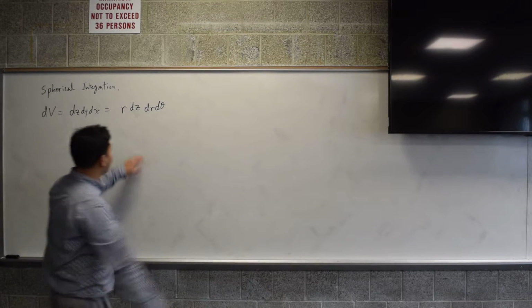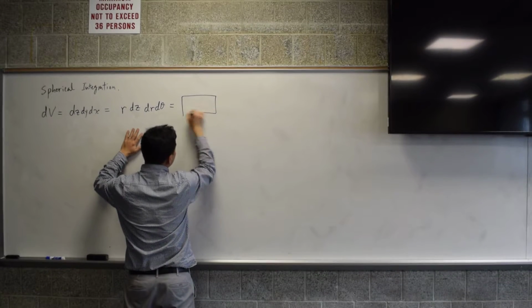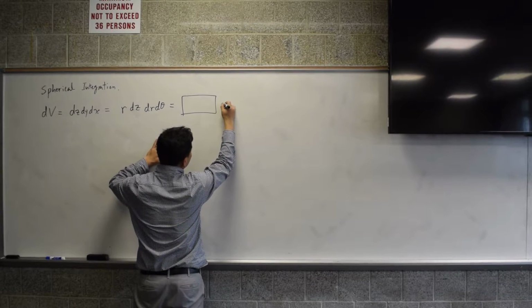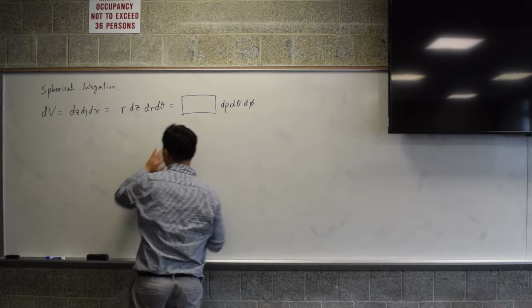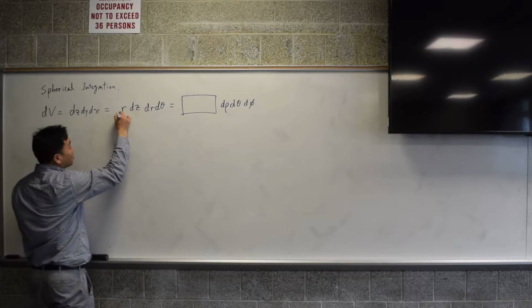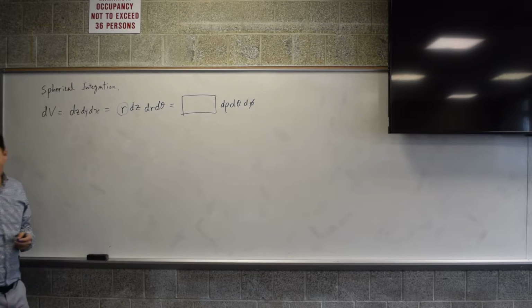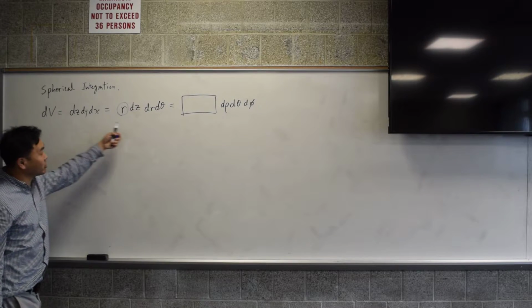Now what I'm trying to get at is actually, what do you need when you want d rho, d theta, d phi? Now let me explain that further. See, I took some time to explain why we need that r when you go from rectangular to polar.